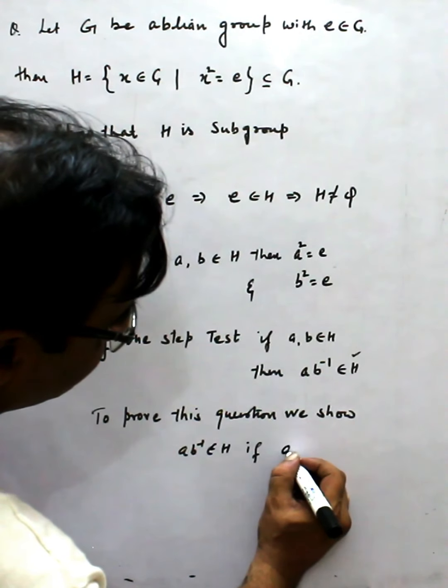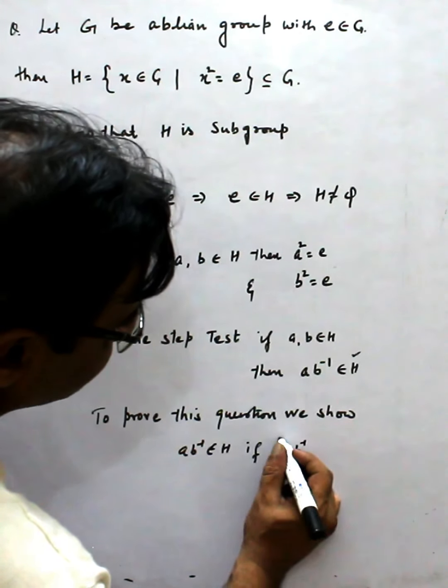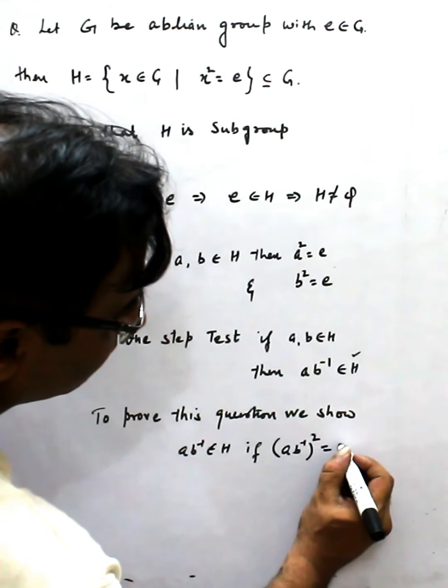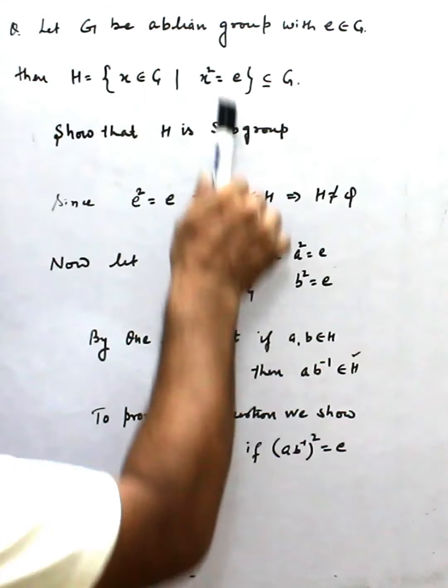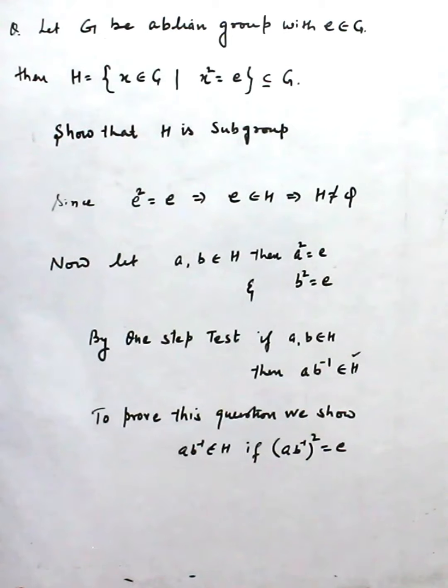If ab inverse whole square is identity, then the other condition is also satisfied.